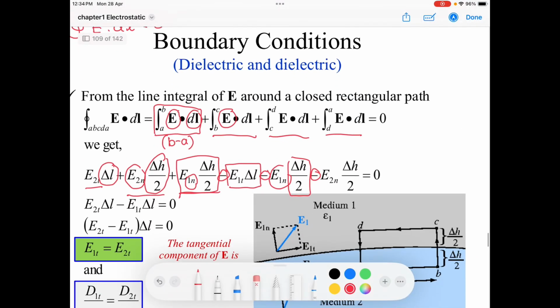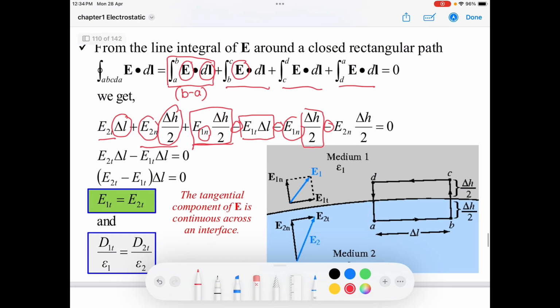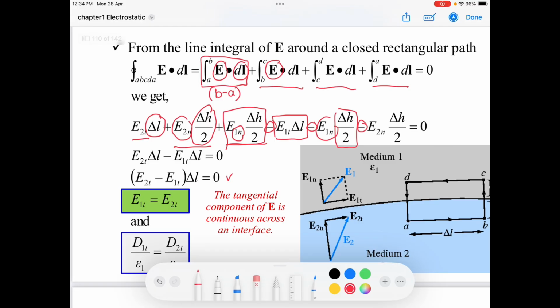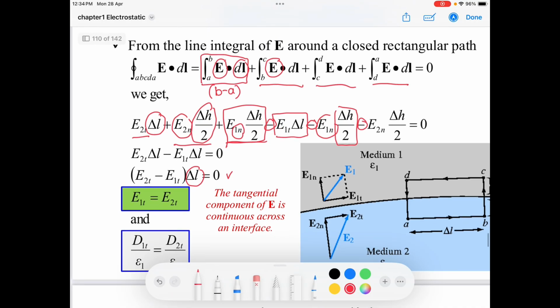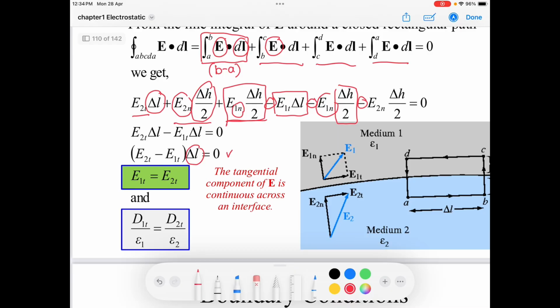When you expand and simplify everything, finally you will have this. Imagine delta H approaches 0, so this term vanishes. Bring this to the right, then you will have E2T equals E1T.